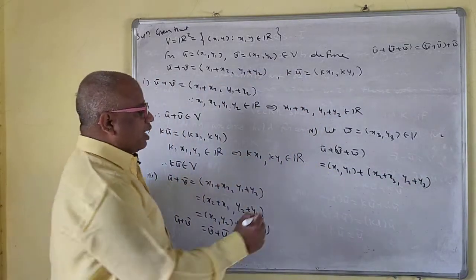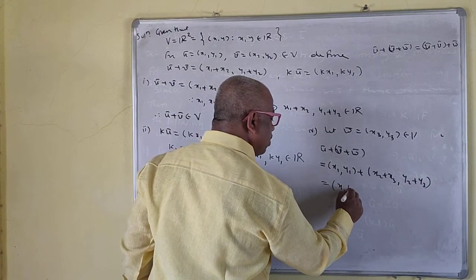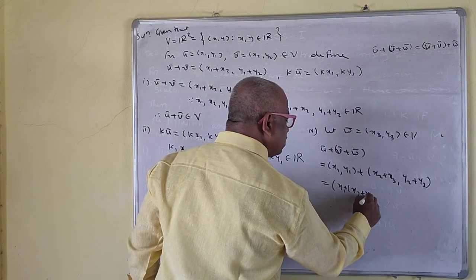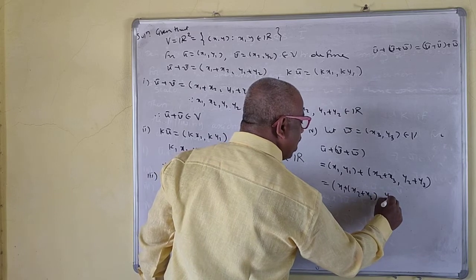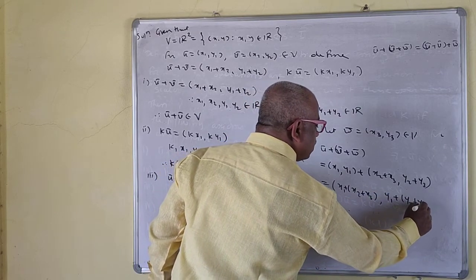Now I can write this as x1 plus (x2 plus x3), y1 plus (y2 plus y3).